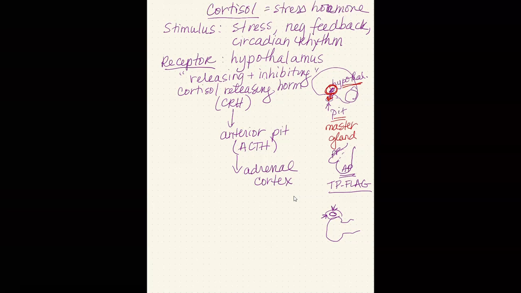Then the adrenal cortex is going to release cortisol, and cortisol is going to get you ready to start the day. The effector overall is going to be the cortisol in the long run.